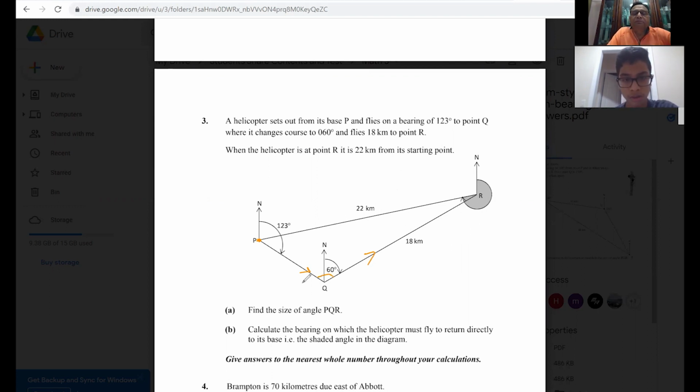Correct. So you have to find PQR. In this particular case, this is 123. So you can find the other angle, which is 180 minus 123. How much is this angle? What do you get? 180 minus 123 is 57, right?